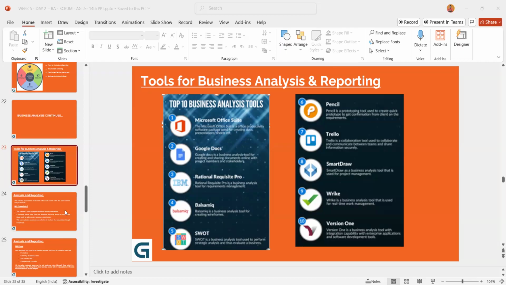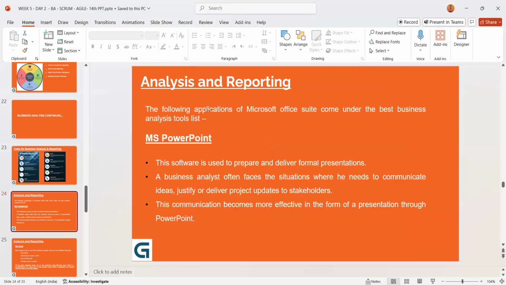Now a few tools are like MS PowerPoint. These are analysis and reporting tools. This is again part of Microsoft Office Suite, and it is a business analysis tool. For formal presentation in business analysis, this is required. A business analyst often faces situations where he needs to communicate ideas, for idea gathering, idea projection, idea elaboration, any update on those ideas, or to justify them.